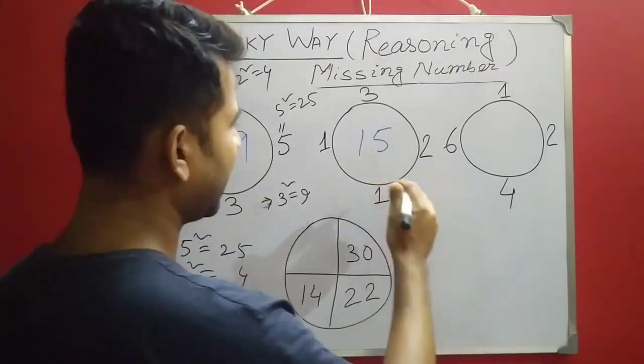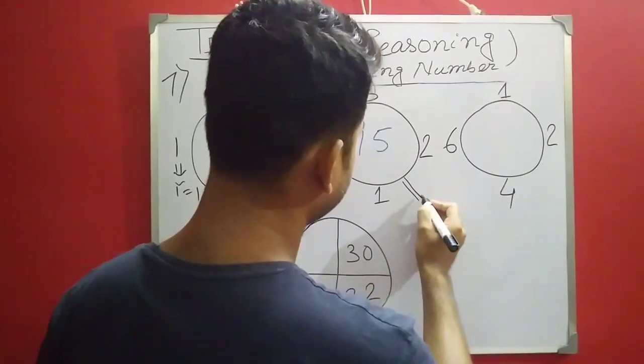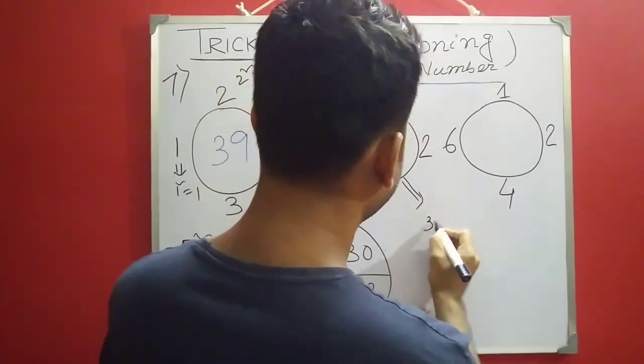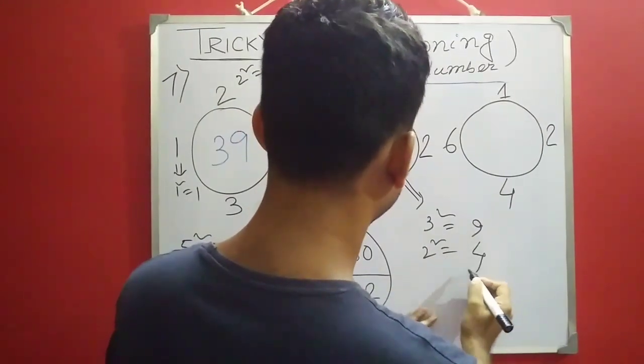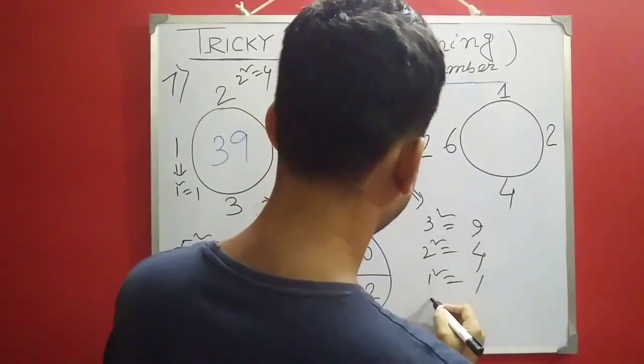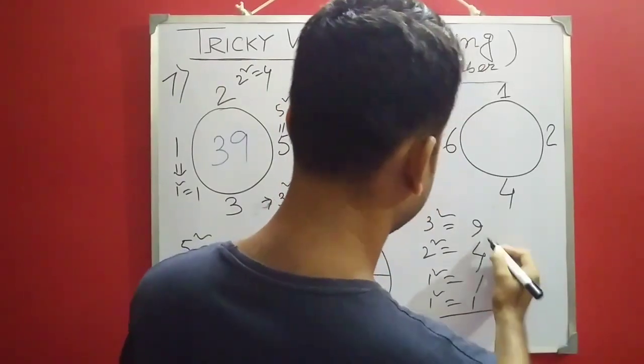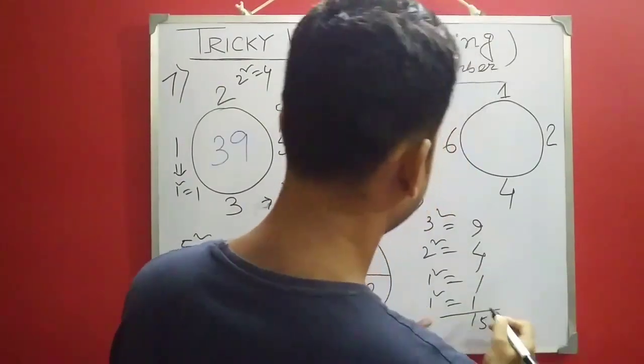Is it right? And same for this one: 3 square equal to 9, 2 square equal to 4, 1 square equal to 1, 1 square equal to 1, which is 15.